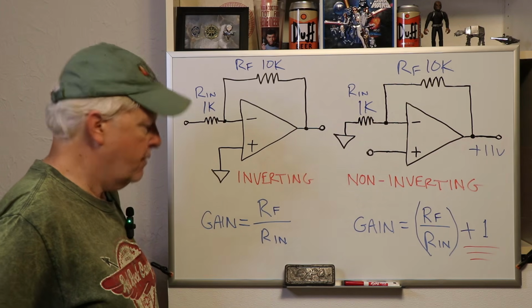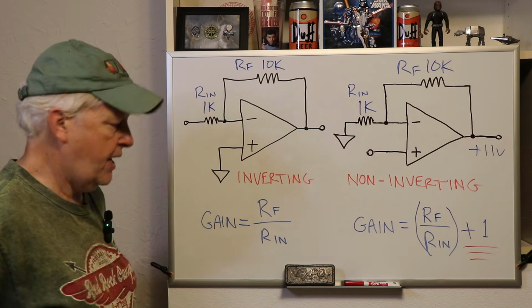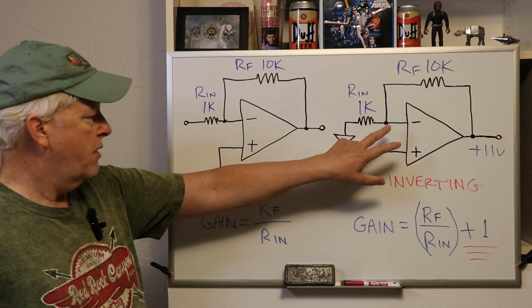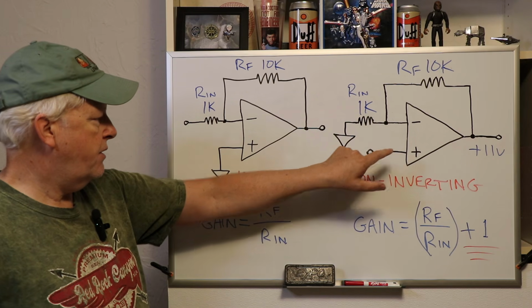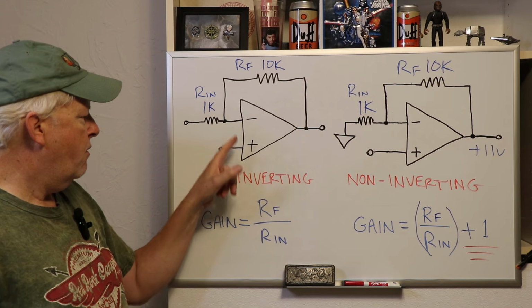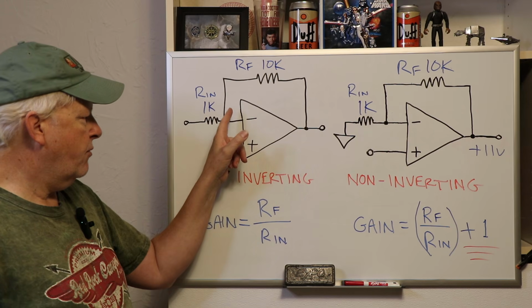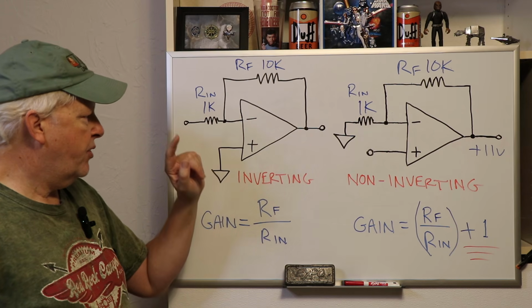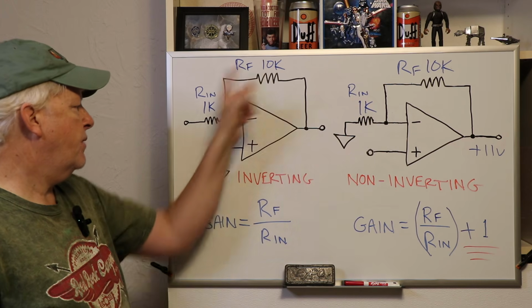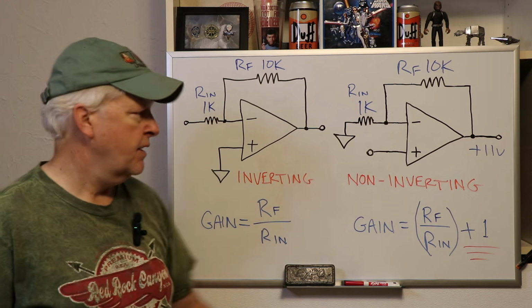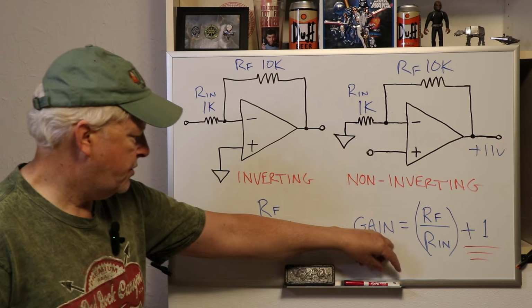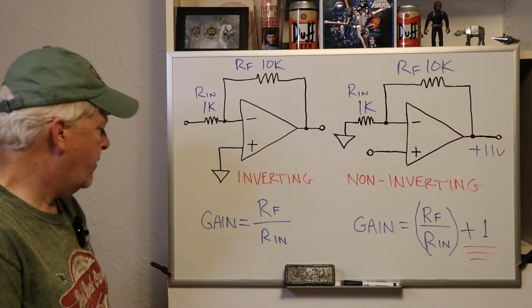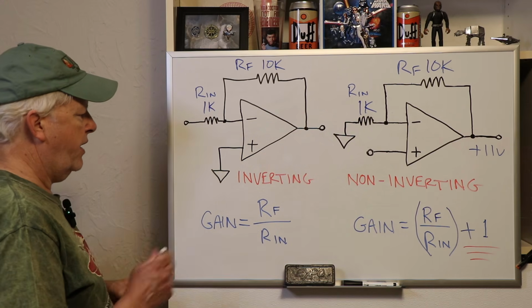And then the third rule is that whatever the voltage is present on one input is going to equal the other input, and the reason for that is because we have negative feedback. So let's just step through the inverting amplifier configuration.